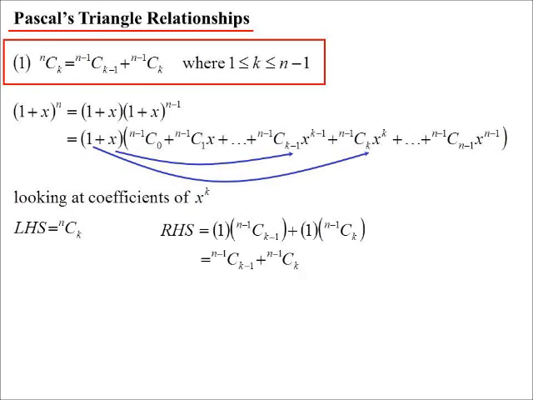They've got to be equal, because they're both the coefficients of x to the power of k, just two different ways of finding it. So nCk is in fact equal to (n-1)C(k-1) + (n-1)Ck. Okay, that's the first relationship.